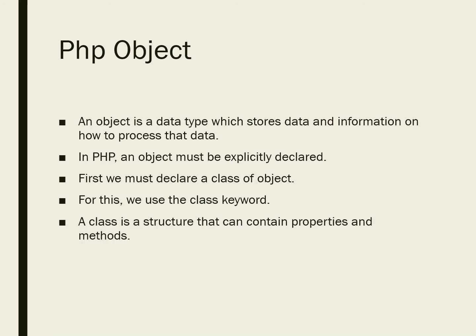Now we have another PHP data type, which is titled PHP object, or object data type. First of all, an object is a data type that not only allows storing data, but also stores and processes the information of that data along with it. How to process that data? An object is a specific instance of a class, or a member of a class, which serves as a template for objects. Objects are created based on this template via the new keyword. This is the context of it. Every object has properties and methods corresponding to those of its parent class.